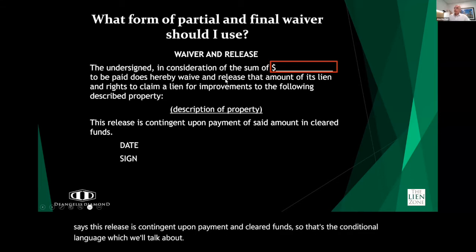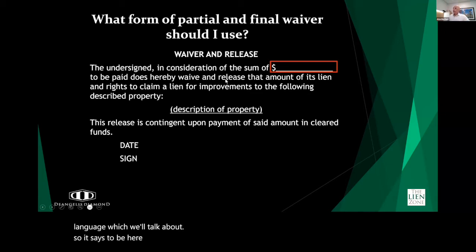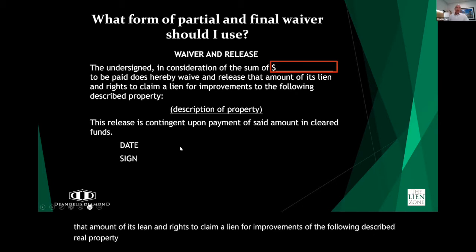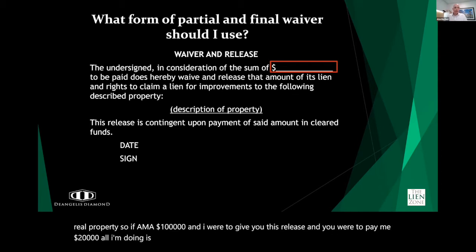It says to hereby waive and release that amount of its lien and rights to claim a lien for improvements to the following described real property. So if I'm owed $100,000 and I were to give you this release and you were to pay me $20,000, all I'm doing is releasing $20,000 of my lien rights. I'm not telling you what period of time that's for. It's just releasing dollar for dollar the amount that you're paying.